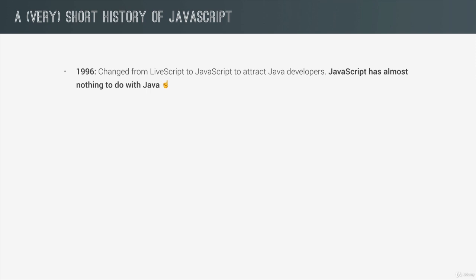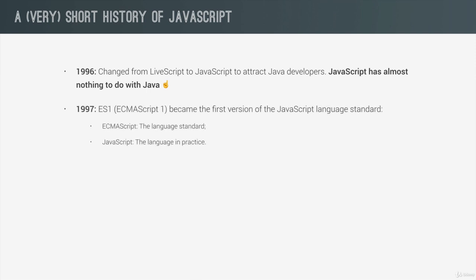Now, 1 year later, the language was submitted to an organization called ECMA International in order to create a new standard. And so ECMAScript 1, or ES1, became the first version of the JavaScript language. In the real world, we usually use the term ECMAScript to refer to the standard, while JavaScript is used when we talk about the language in practice.